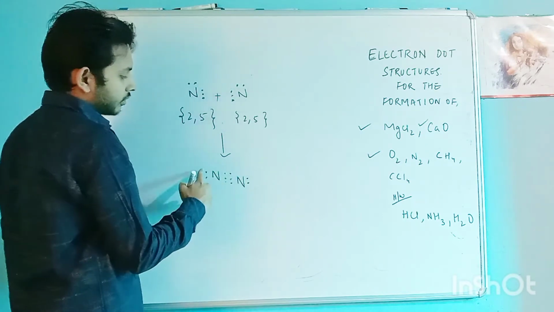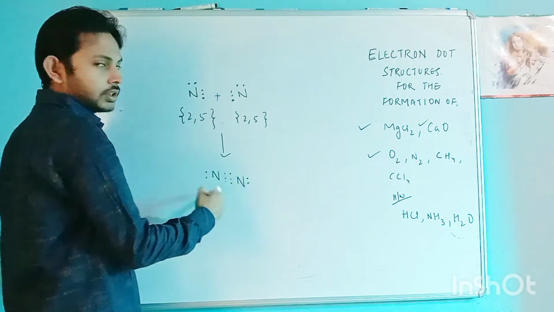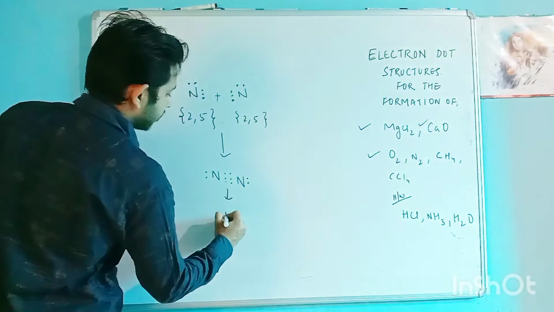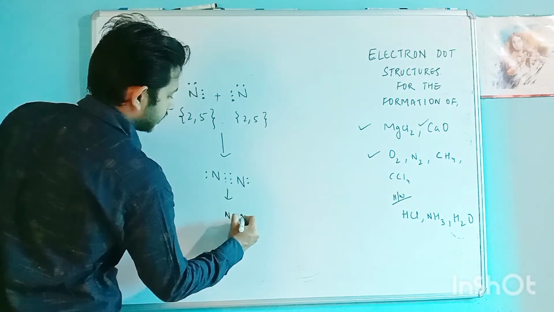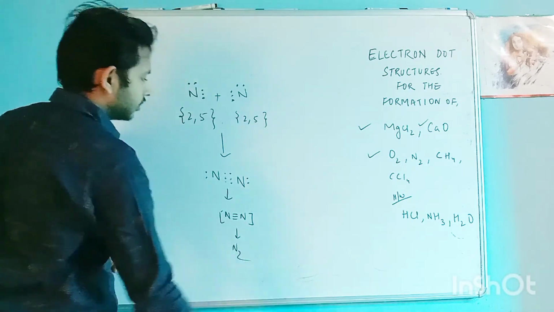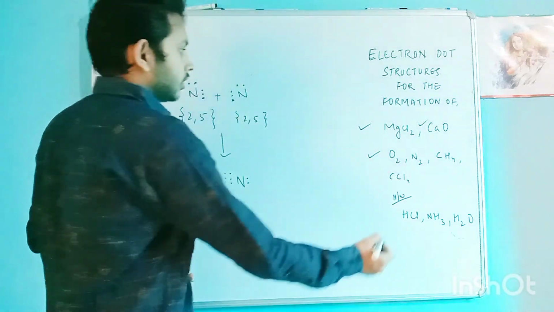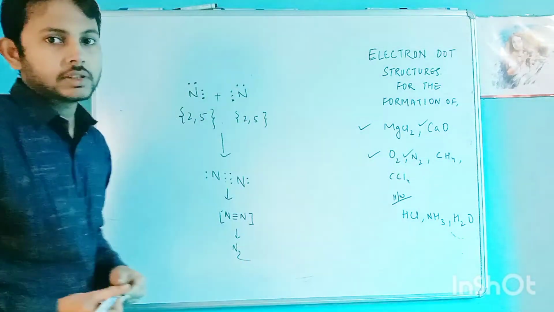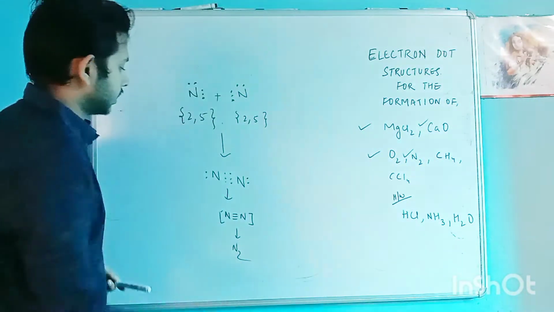Now you can count the electrons: 8. Both nitrogens have 8 electrons, which you can write like this. This is a triple bond or N2. Okay, you can pause and write it down. Now I am moving to the next example.